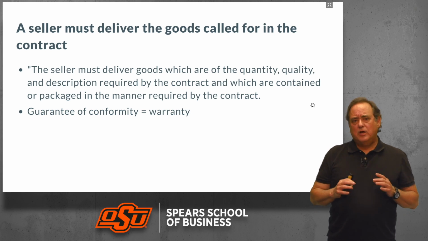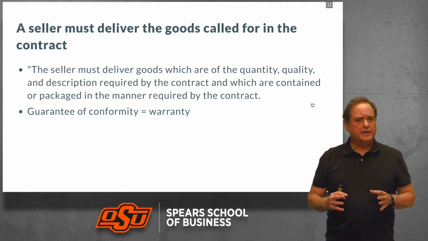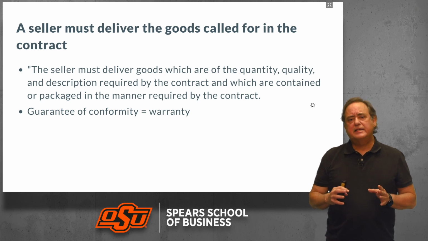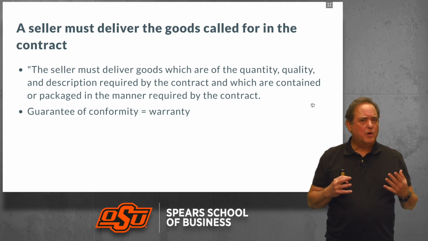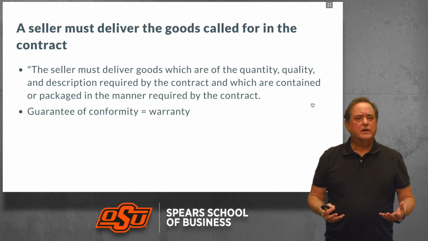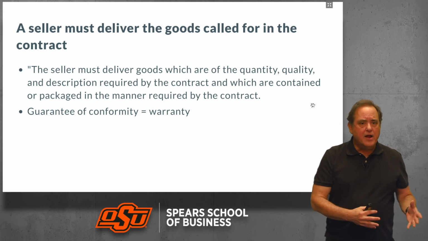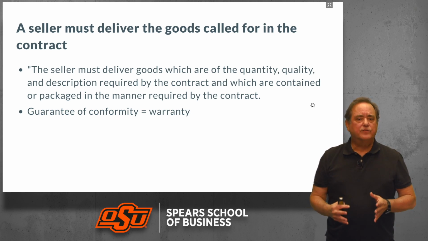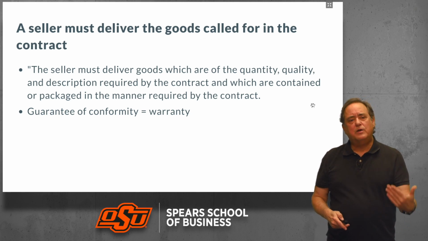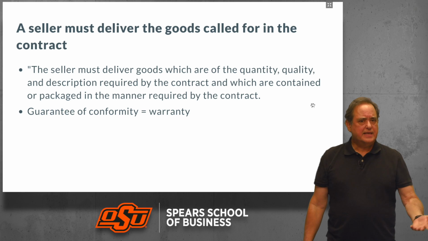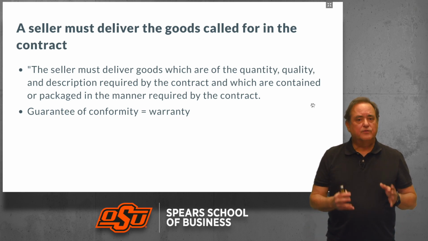Whenever we talk about conformity and a guarantee of conformity, what we are really addressing is the idea of a warranty. You probably never thought about warranty. What does warranty mean? Well, essentially it is a guarantee that the goods conform to the terms of the contract. They are of the quantity, quality, and description set out in the contract. So warranty is about conformity.